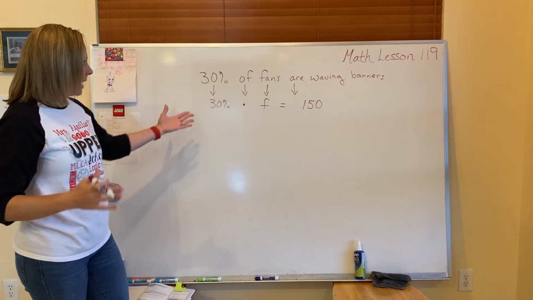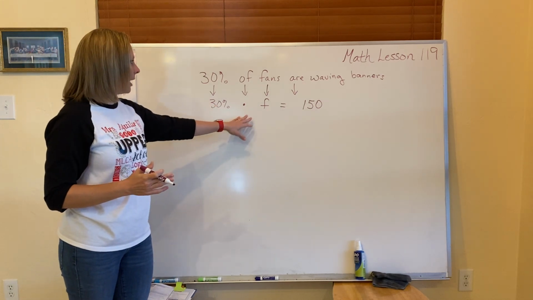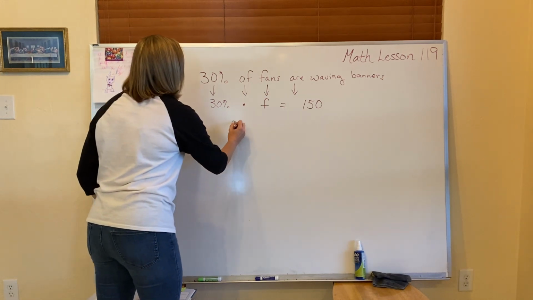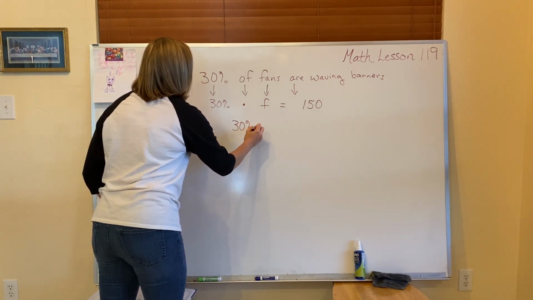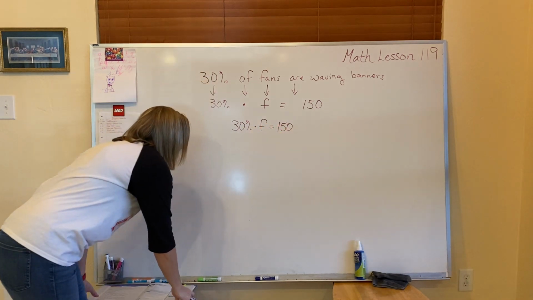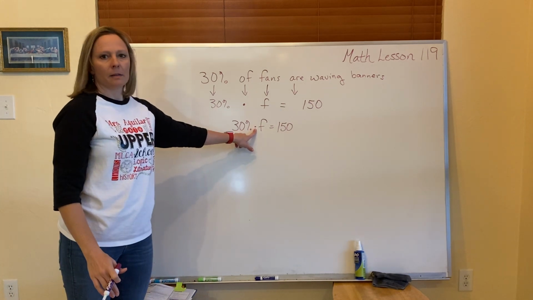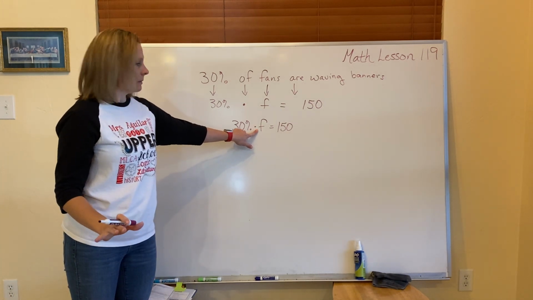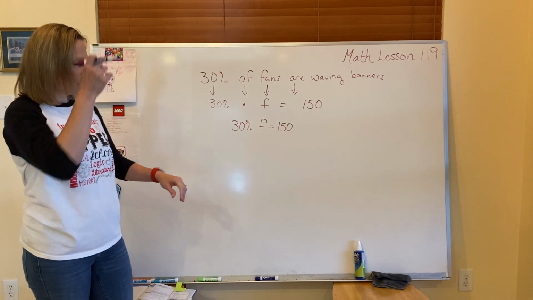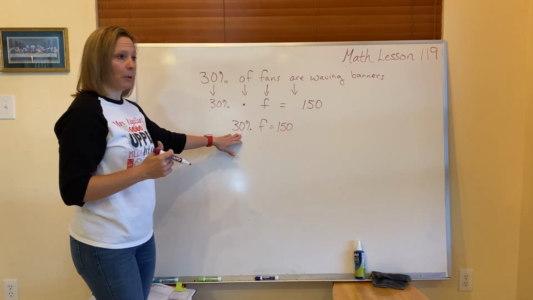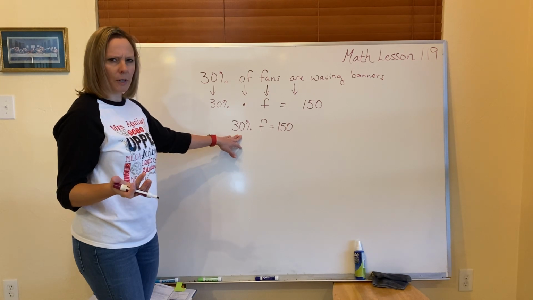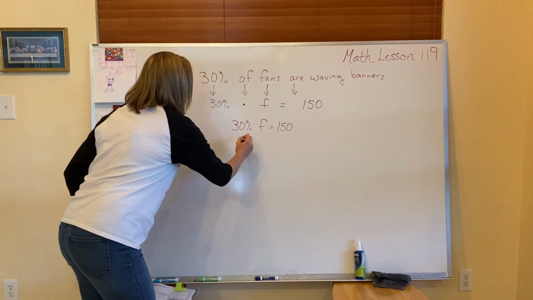Now we have an equation that lets us solve for how many fans total are in the stands. So we go 30% times F is equal to 150. Often, once we hit algebra, the times sign just gets erased. So we can turn our 30% into a decimal, which is 30 over 100, or 3/10.